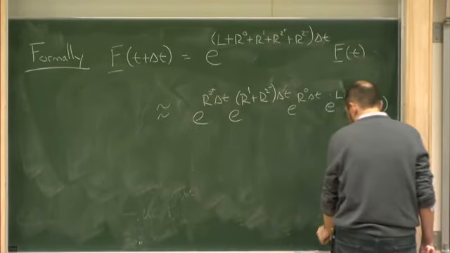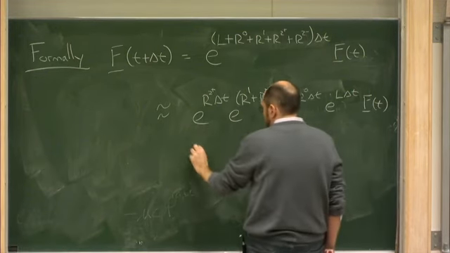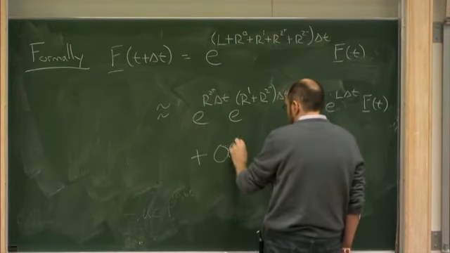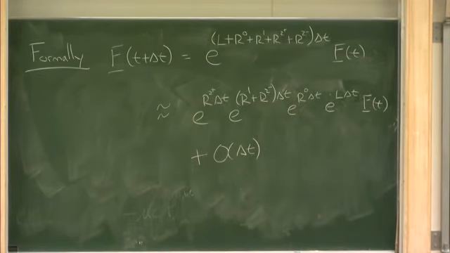And at least formally, that should be first order accurate in time. Everybody agree? Formally, this is a first order splitting, so we would think the error should be O of delta t. We could do a Strang splitting or something fancier, but this is kind of the simplest case that we might think of.